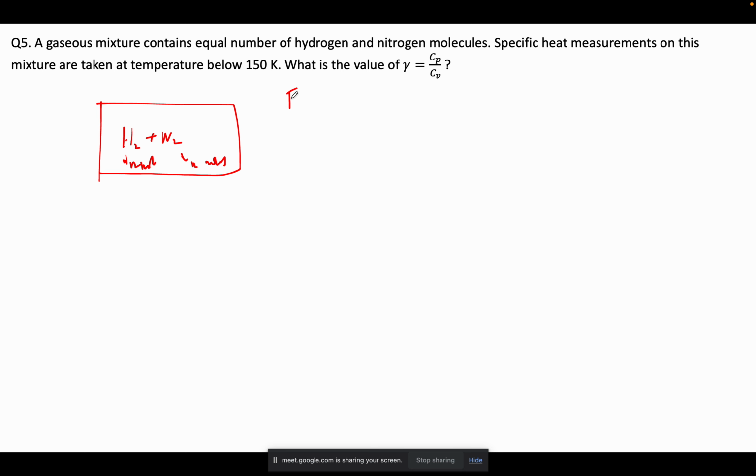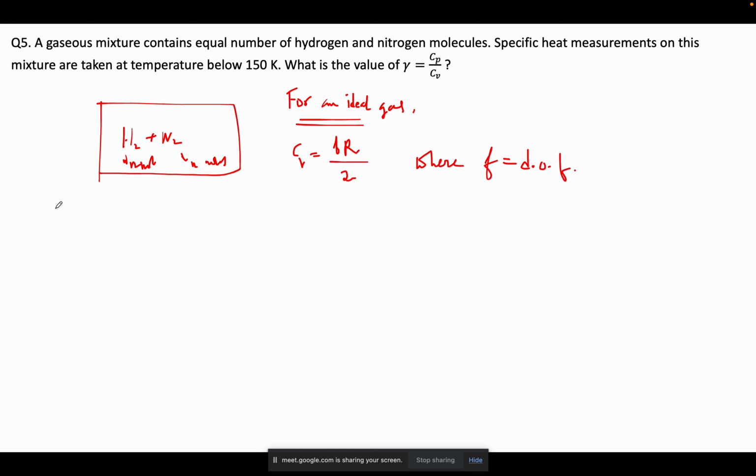Now for an ideal gas, the CV is equal to F into R divided by 2, where F is the degree of freedom.